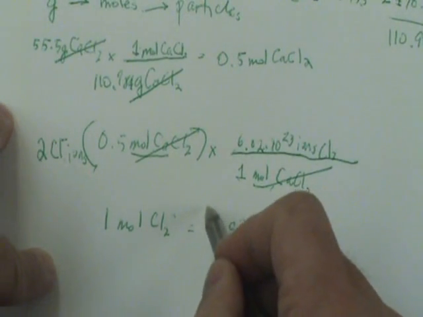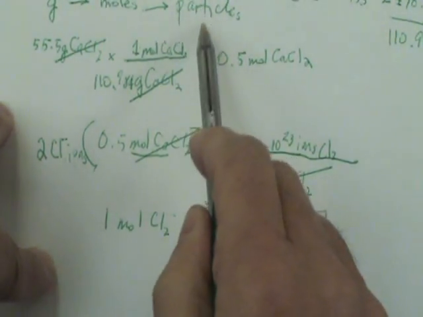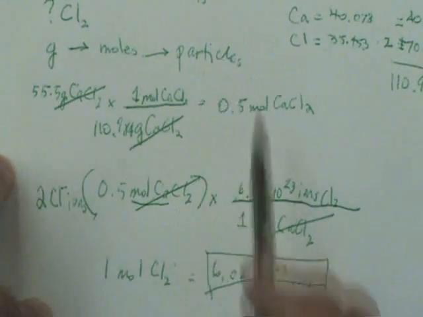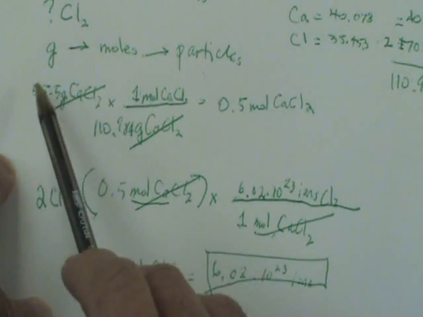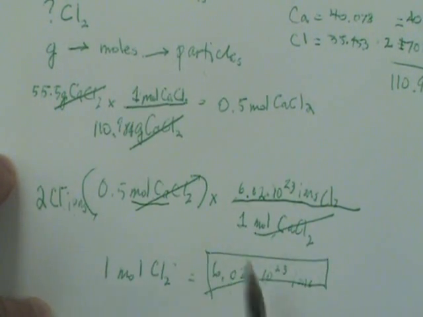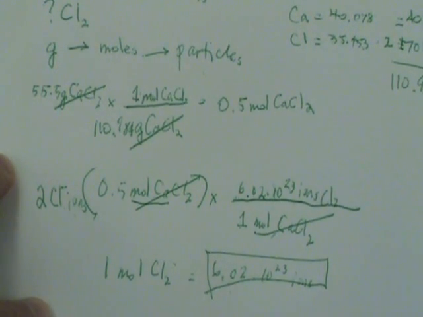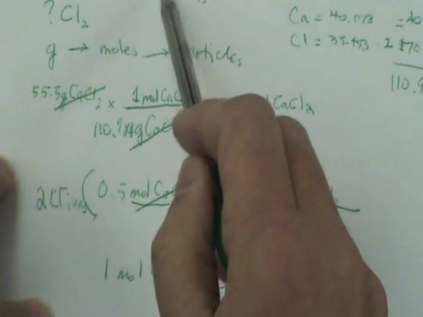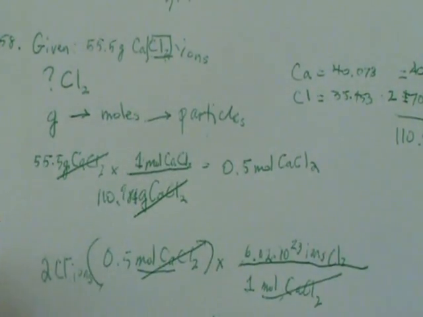Remember, this is where we've converted to particles. We've moved from grams to moles to particles. Whenever you do these, read the question carefully. Here we were only looking at the number of chloride ions.